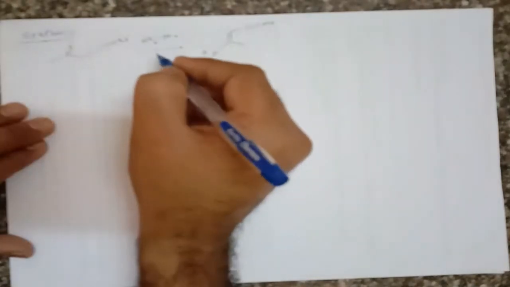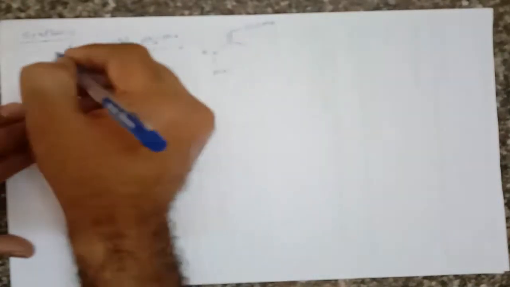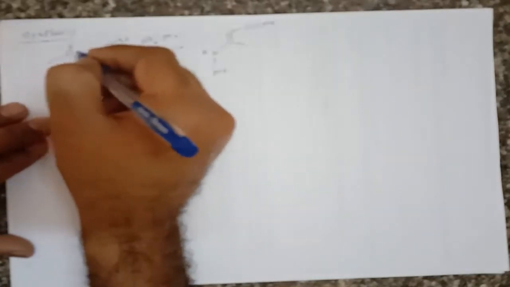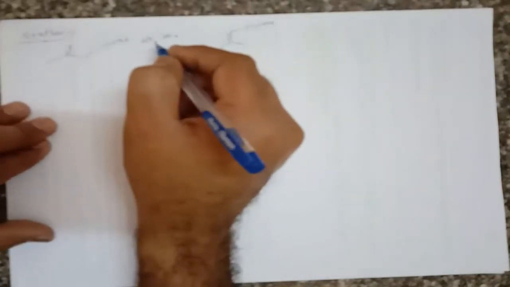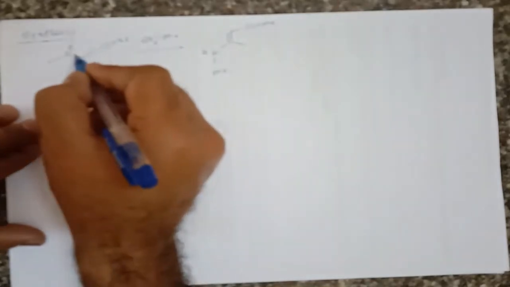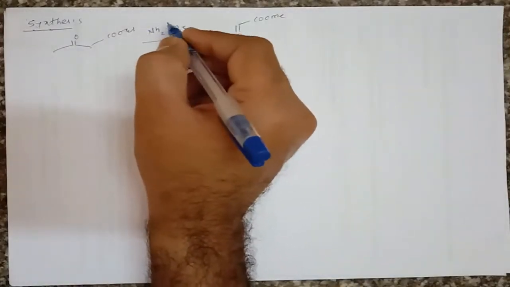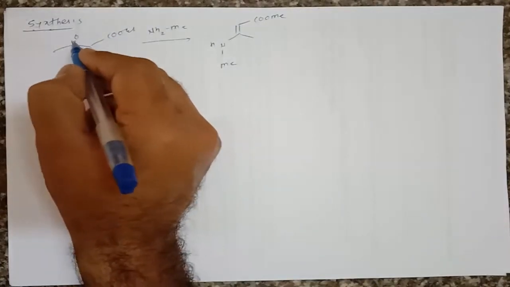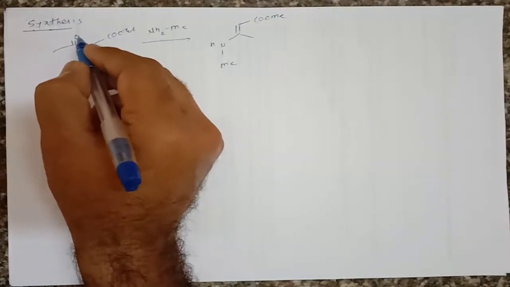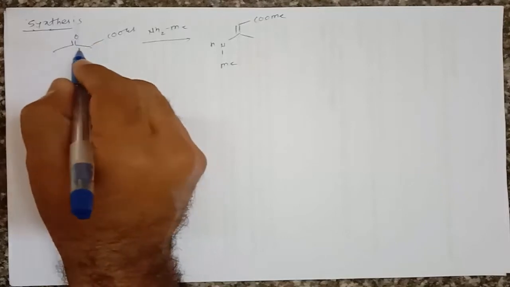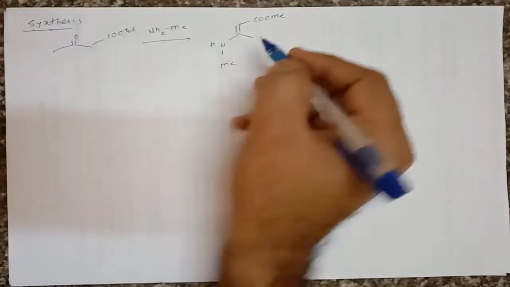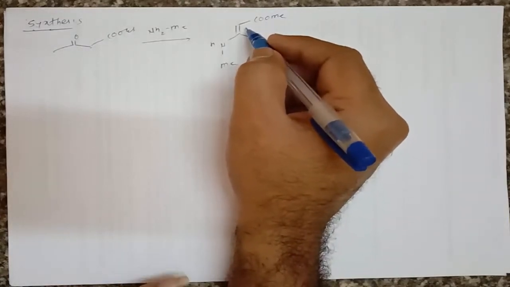Because in the first step the amine group will attack this ketonic carbonyl carbon, because it is more reactive as compared to the ester. It gives formation of first an imine, and then in the second step it gives formation of an enamine, right?